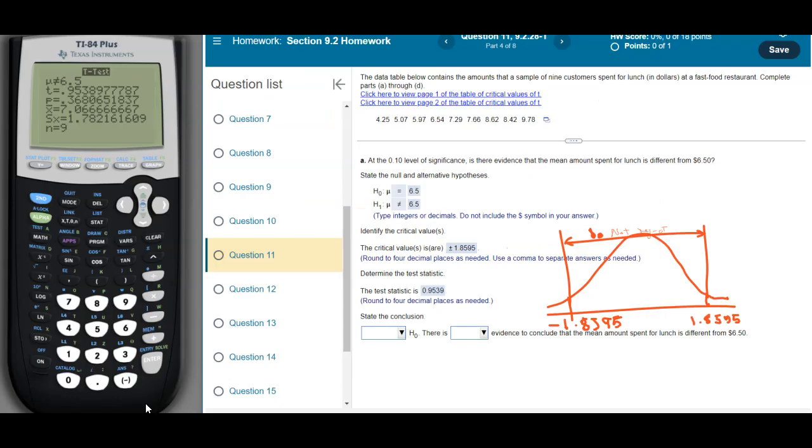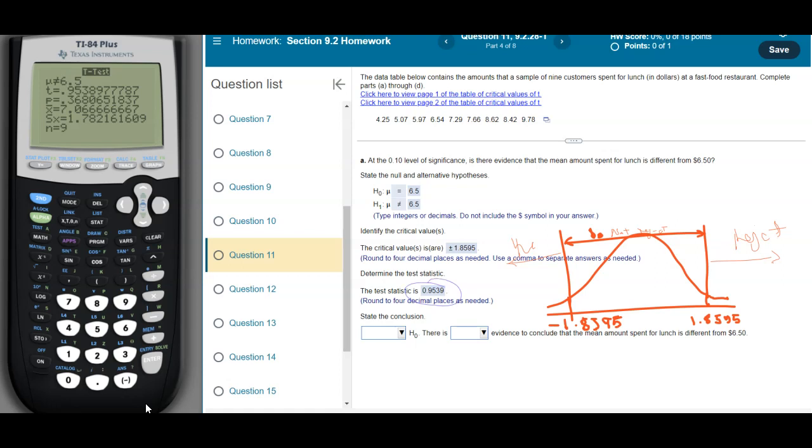All right, and the rejection zone should be right here. So if you are outside, reject here and reject here, right? Okay, so what we want here, we want to figure out where this test value is going to be placed.